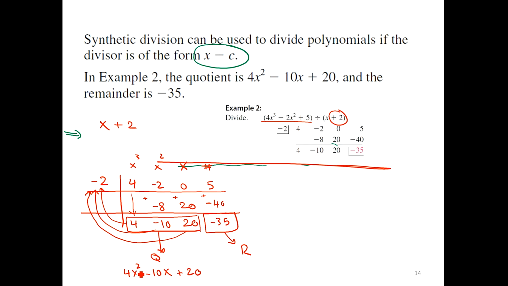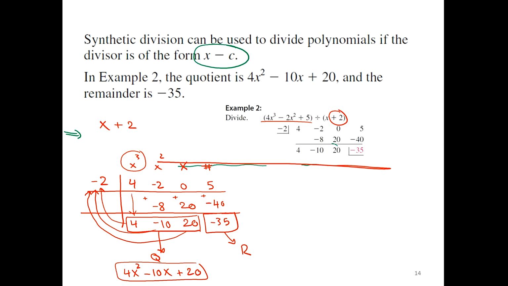Why do we put x squared? Because we have x to the power 3, so the quotient is less by 1. Okay, in the quotient, the degree is always less by 1 than the dividend. So this is the quotient and this is the remainder.